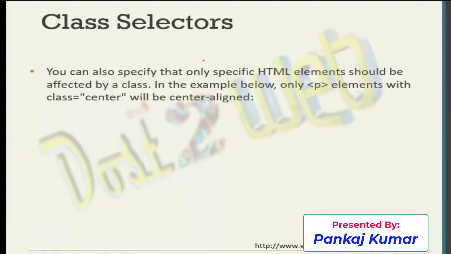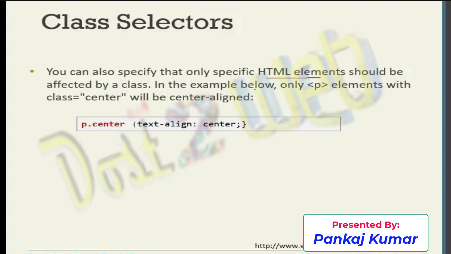You can also specify that only a specific HTML element should be affected by a class. That means I am defining only the particular elements, and only those are going to be affected. In the example below, I am using a paragraph, and inside the paragraph you have the center tag, meaning whatever text you define should be centered. Then in CSS you write p for paragraph, dot center.